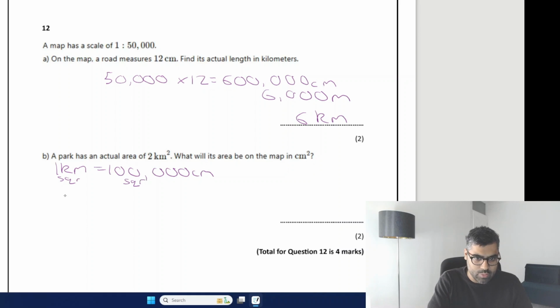So 1 squared is just 1. Then 100,000 squared is just going to be adding another 5 zeros on top. So we've got 1, 2, 3, 4, 5, and 1, 2, 3, 4, 5 zeros. This many centimeters squared. Well, we know it's 2 kilometers squared, so it's really easy. We're just going to be times that by 2. That's going to give us whatever number this is.